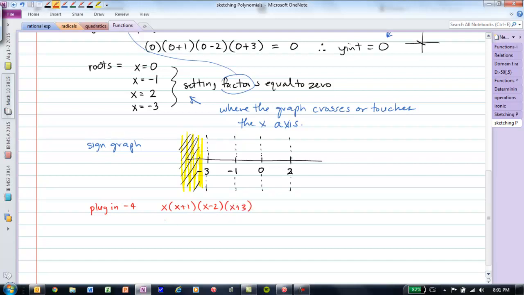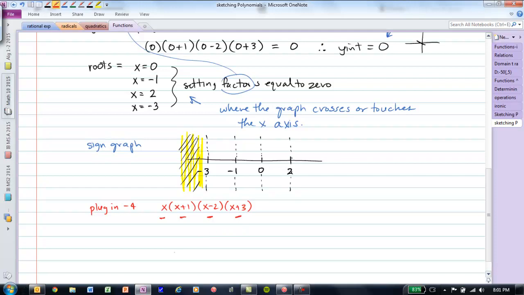Okay, if I put in -4 for x, that's a negative. If I put in -4 for x plus 1, that would give me -3, so that's still negative. If I put in -4 for x minus 2, that would give me -6, so that's still negative. If I put in -4 for x plus 3, that would give me -1, so that's still negative.